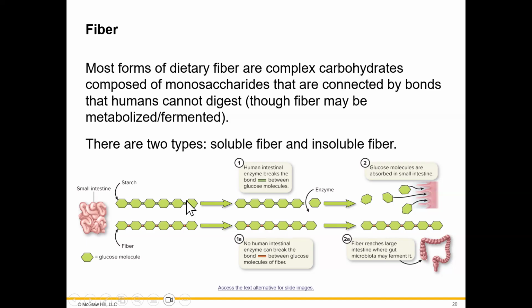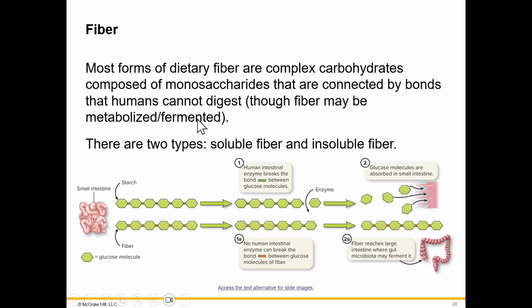So this is why we as humans cannot eat grass and hay and those kinds of things like cows can, because we do not have those enzymes to break down those highly complex carbs.